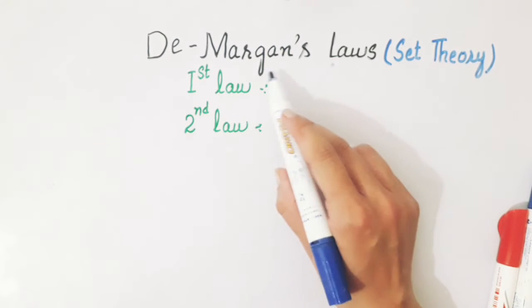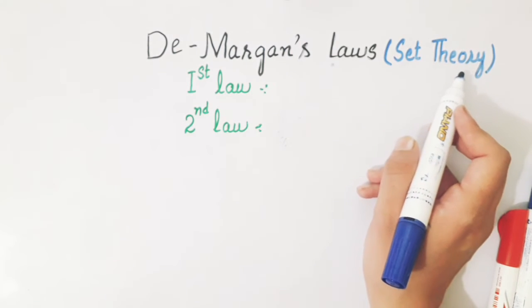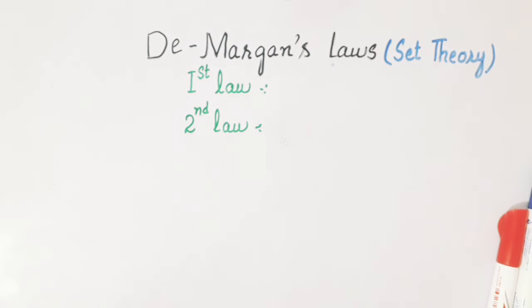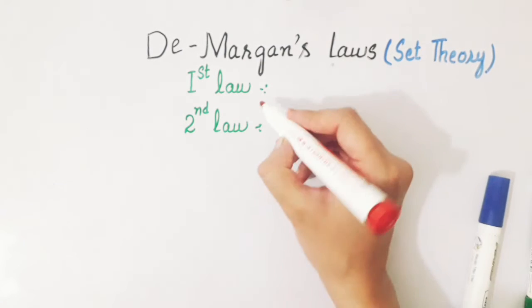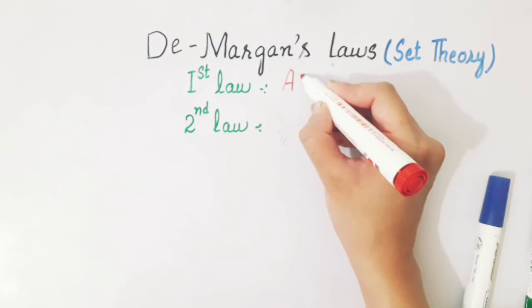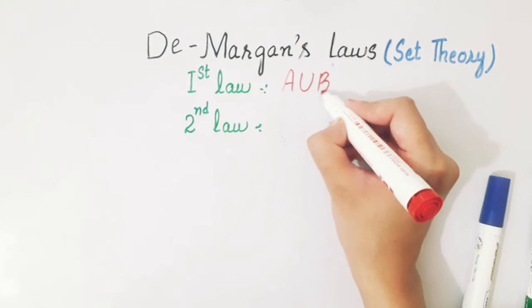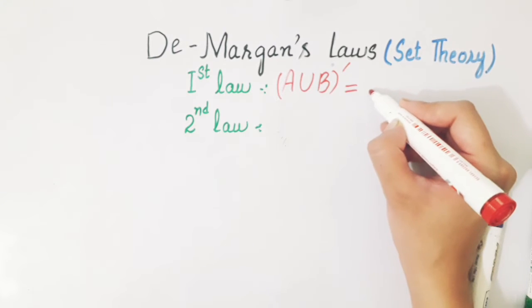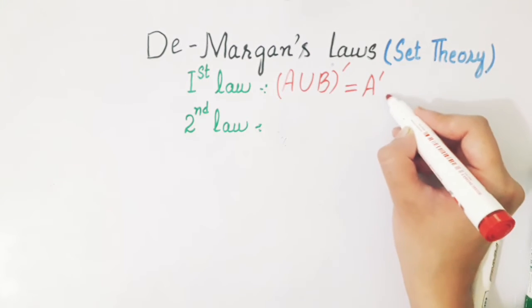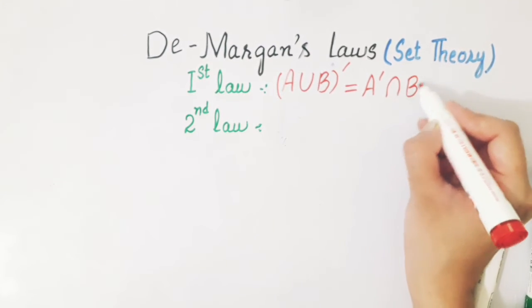Today we are solving De Morgan's law from set theory. These laws are very important. Stay with me, you will understand them better than 90% of people. First of all, I will discuss the first law, that is (A union B) whole complement equals A complement intersection B complement.